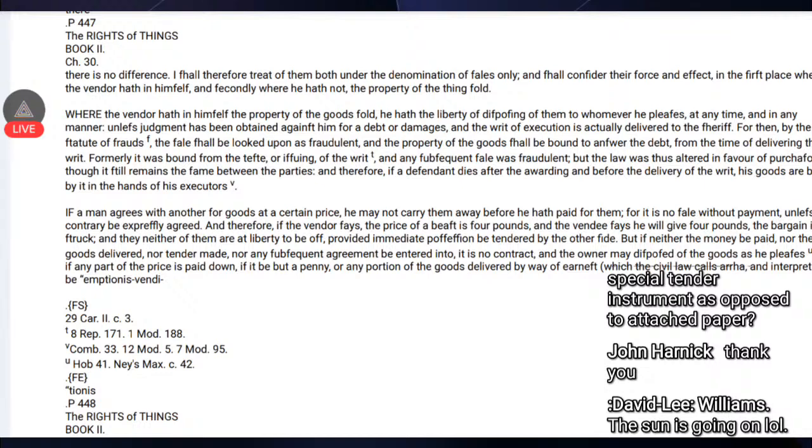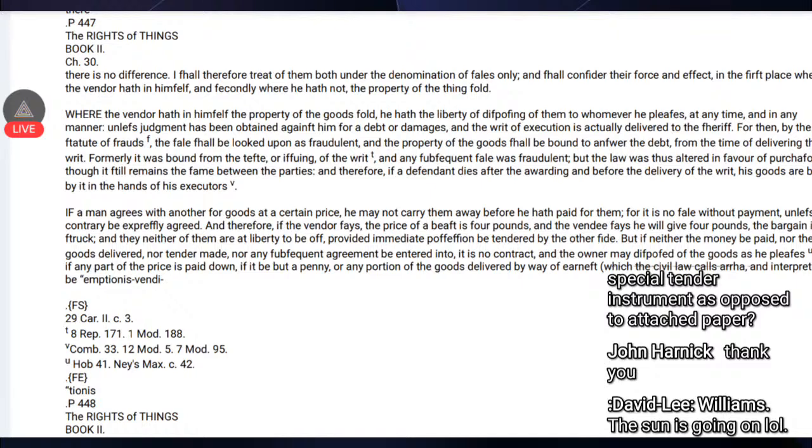Where the vendor hath in himself the property of the goods sold, he hath the liberty of disposing of them to whomever he pleases, at any time and in any manner, unless judgment has been obtained against him for a debt or damages, and the writ of execution is actually delivered to the sheriff. For then, by the statute of frauds, the sale shall be looked upon as fraudulent, and the property of the goods shall be bound to answer the debt, from the time of delivering the writ.